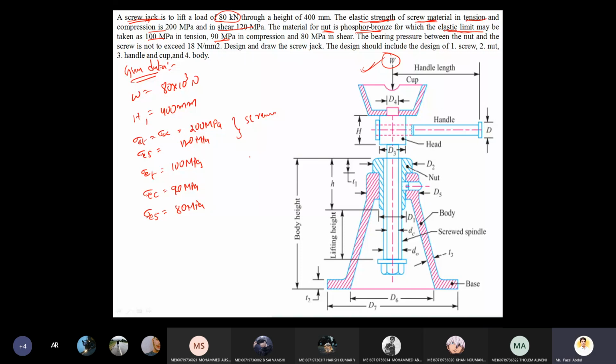And the bearing pressure, given in the question itself, should not exceed 18 Newton per mm square.